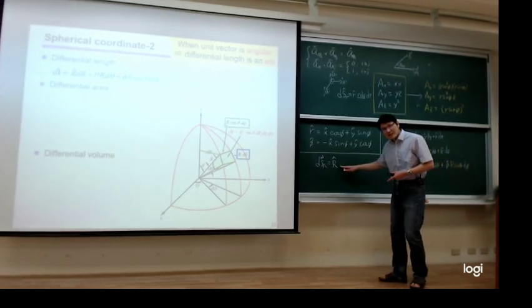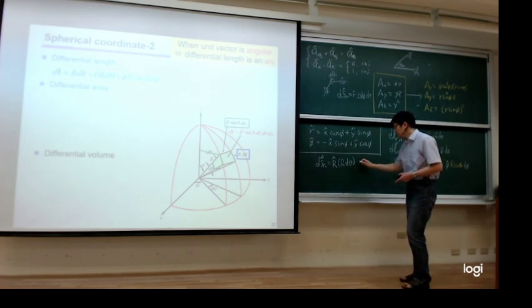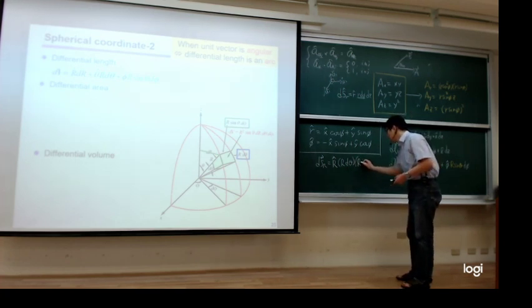And in this case, you have R d theta multiplied by r sine theta d phi.